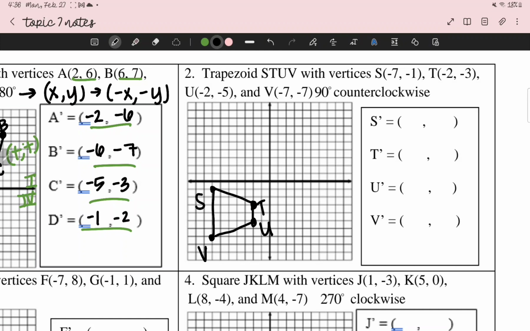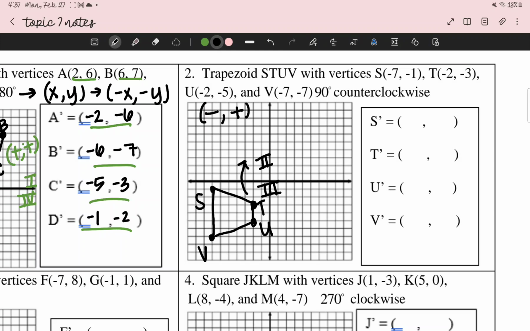And it's going 90 degrees counterclockwise, which means it's going to go from here, it's going to go up. So I know that my entire trapezoid should now go from quadrant 3 to quadrant 2. Quadrant 2 has negative x's and positive y values. So that's going to help me to make sure that I get these correct answers.